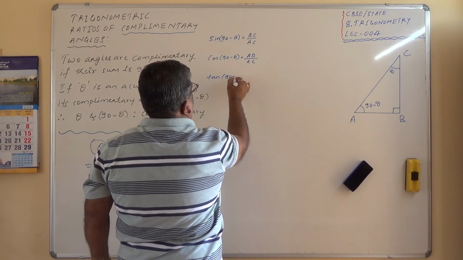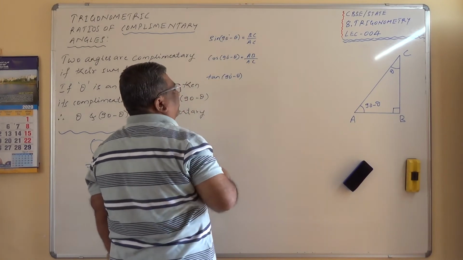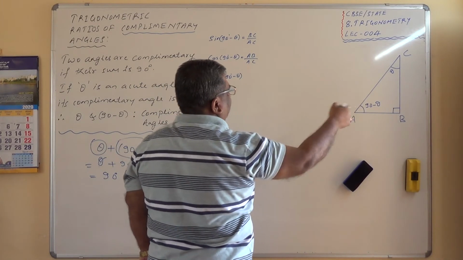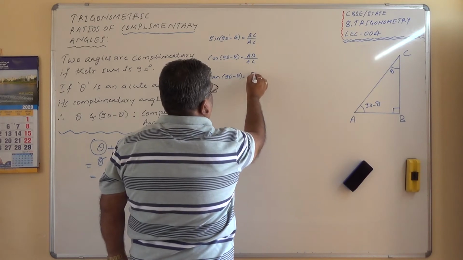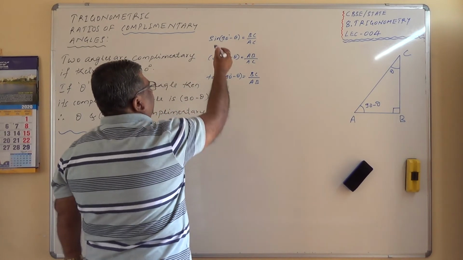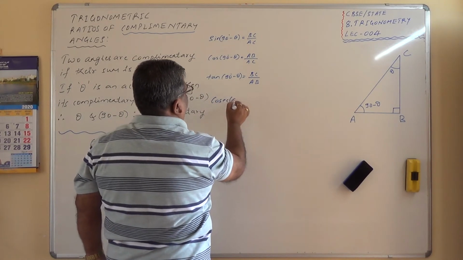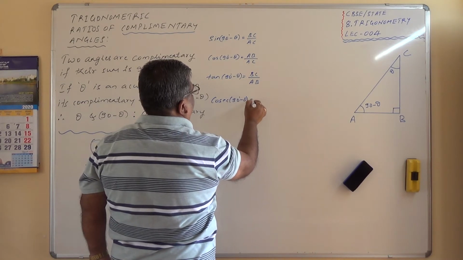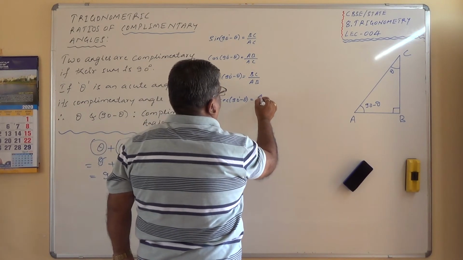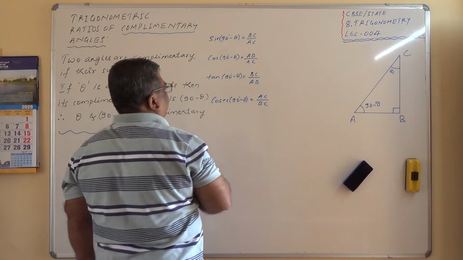Tan of 90 minus theta, 90 degrees minus theta everywhere, opposite by adjacent side, BC by AB. Reciprocal of sine, cosecant of 90 minus theta equals AC by BC, hypotenuse by opposite side.